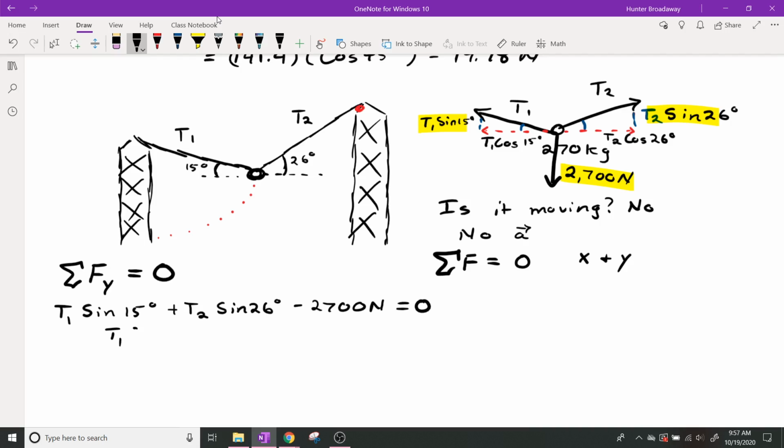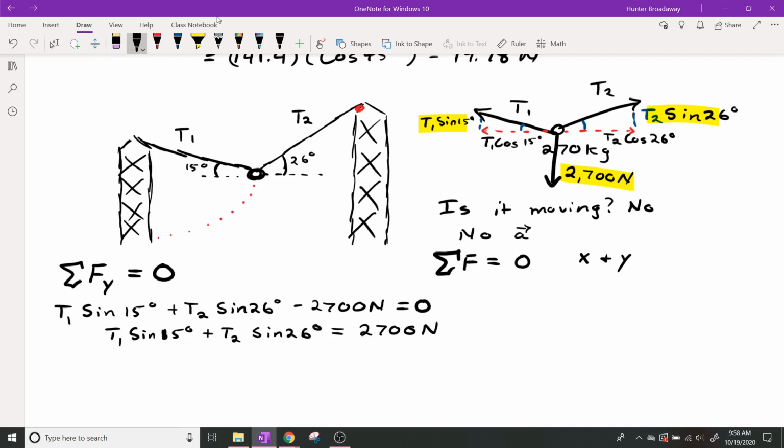So T1 sine 15. And if you want, you can go ahead and get numbers for sine of 15 and sine of 26, but I really think that's just too much effort. I think it's just easier to write sine 15 and sine of 26 than it is to write the decimals out. 2,700. I don't think we can go any further at this point.